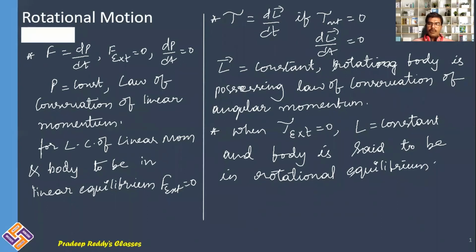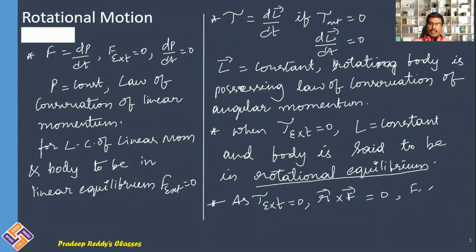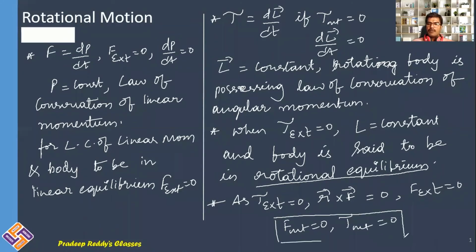For a body to be in rotational equilibrium, tau external is equal to 0, which means R perpendicular cross F bar is equal to 0, and F external is equal to 0. Therefore, for rotational equilibrium, F net should be equal to 0 and tau net should be equal to 0. These are the conditions for the body to be in rotational equilibrium.